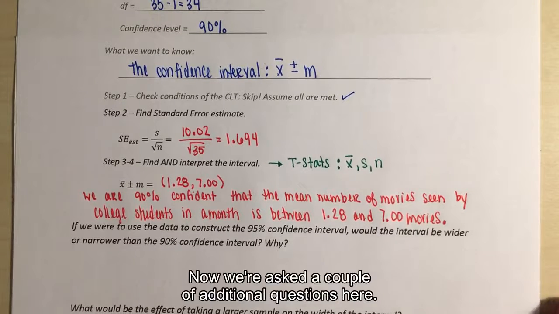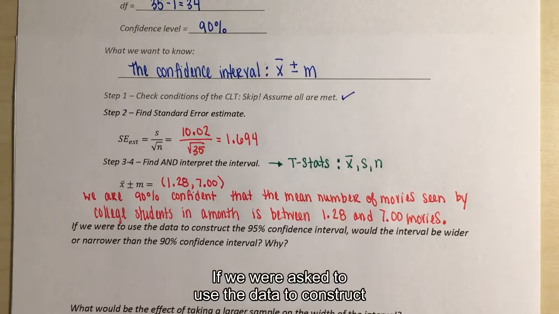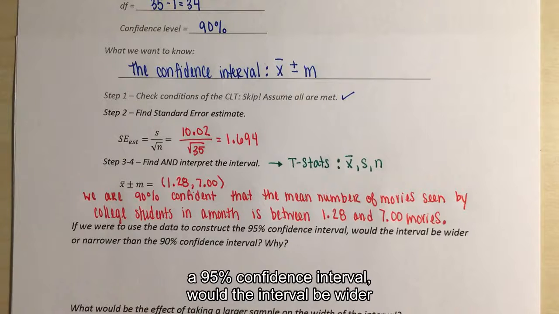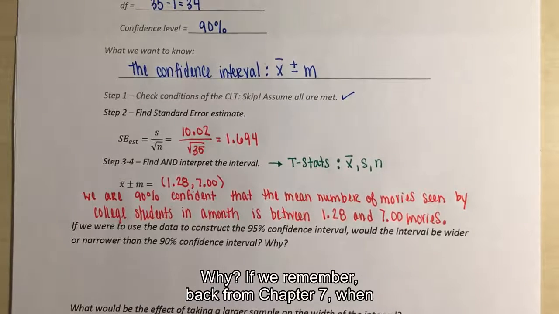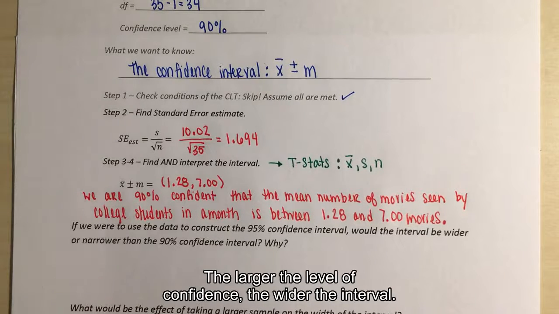Now we're asked a couple of additional questions here. If we were asked to use the data to construct a 95% confidence interval, would the interval be wider or narrower than a 90% confidence interval? Why? If we remember back from chapter 7 when we were talking about confidence intervals, the larger the level of confidence, the wider the interval.